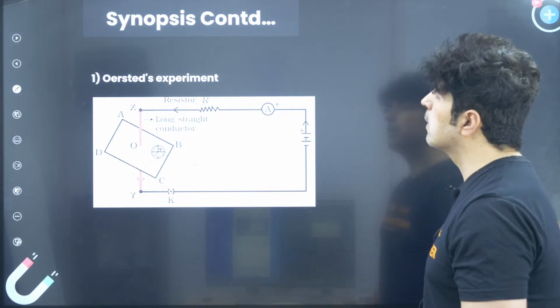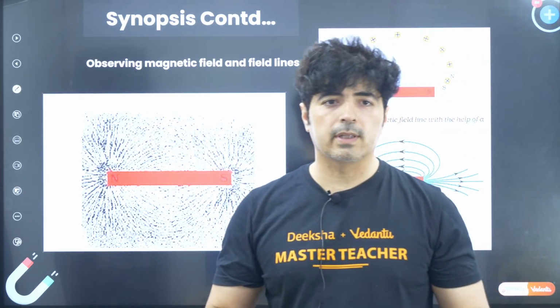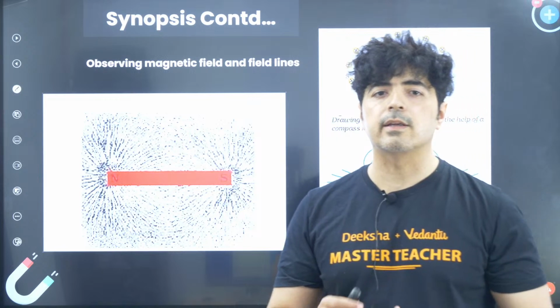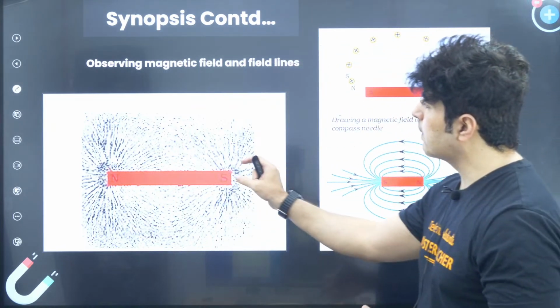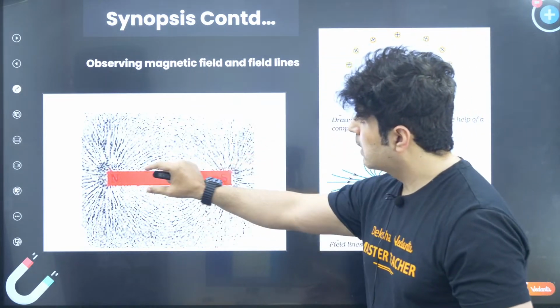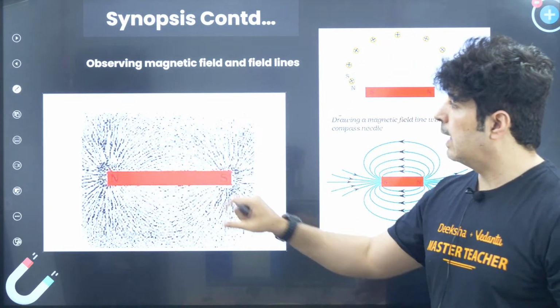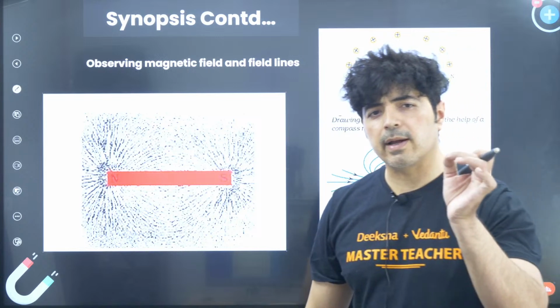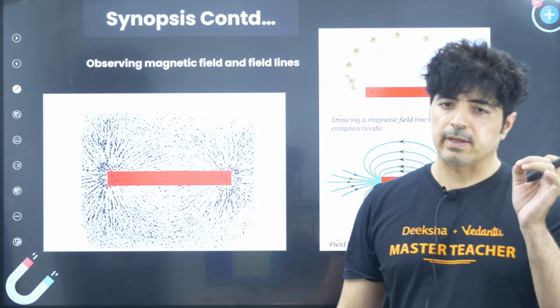Now, the next part is observing magnetic field and field lines. What is it exactly? There was a bar magnet kept over there. This is again a part from your NCERT textbook. So this is a north pole, this is a south pole, and there were iron filings, which means very fine particles of iron. Iron is basically a ferromagnet, right?